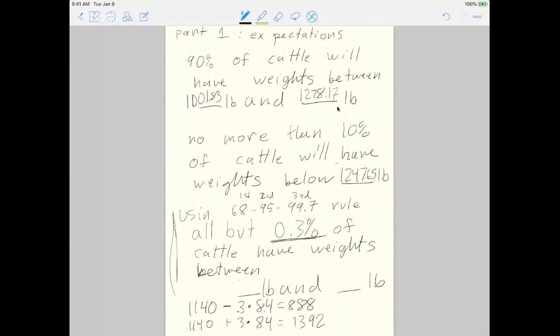So that's what goes here, between 888 and 1392. So the answers we filled in so far in the video are these. That was my part 1, just to go over normal testing again with that calculator.